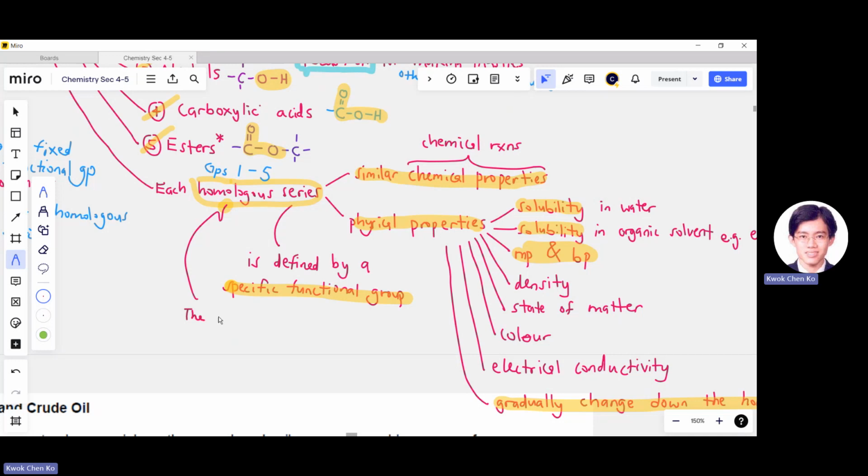The members share the same general formula. So take note of this word, general formula, because your exam question may ask you for the general formula.